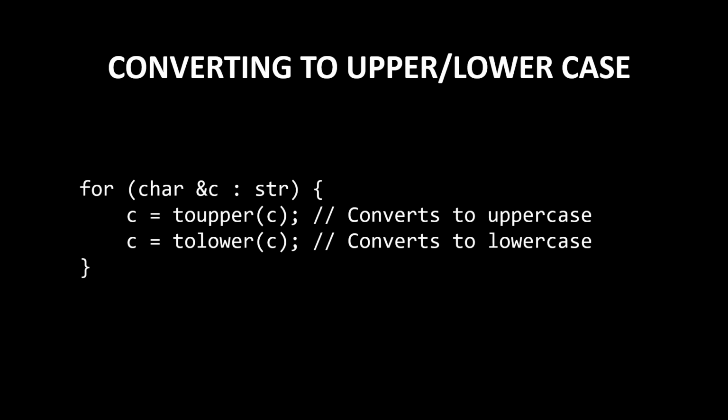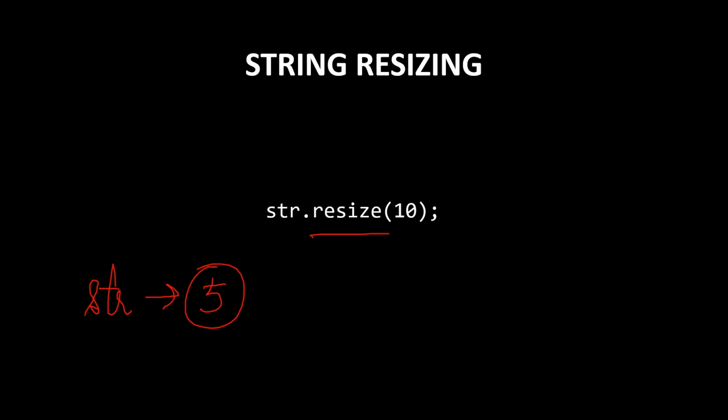Converting to upper or lowercase. This code snippet uses the toupper or tolower functions to change the case of characters. String resizing. This code snippet resizes the string to contain 10 characters. If the current size is greater, it truncates the string.